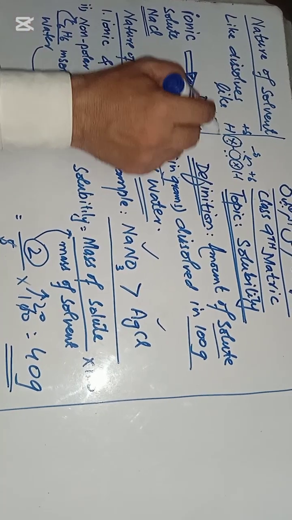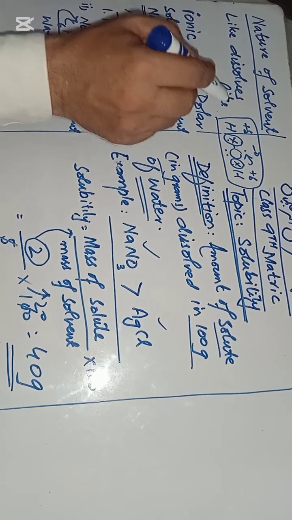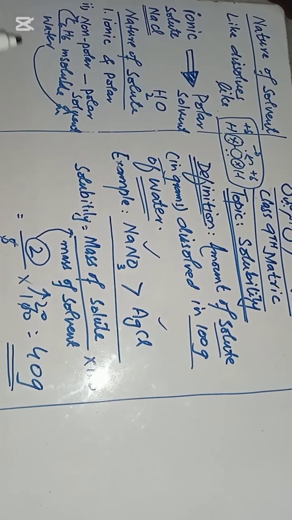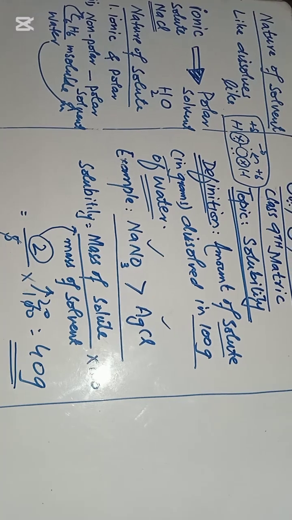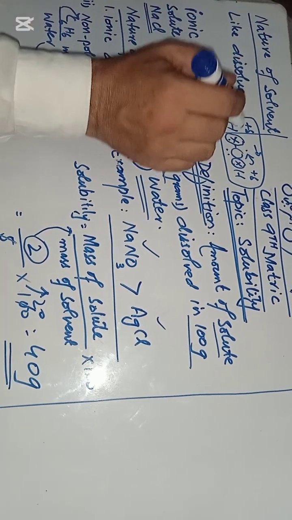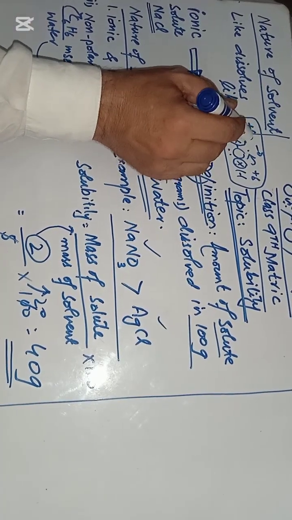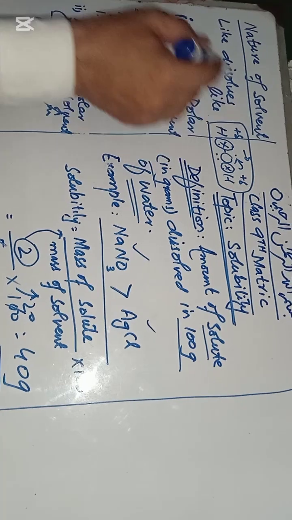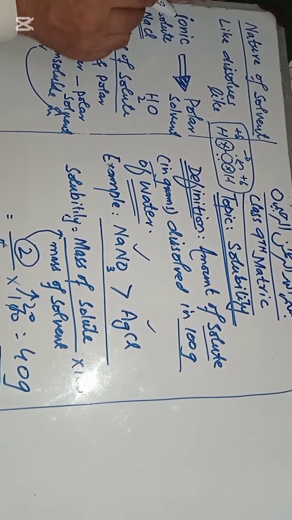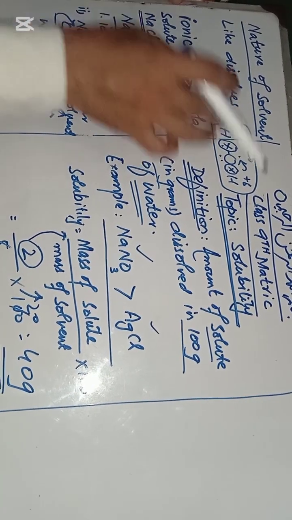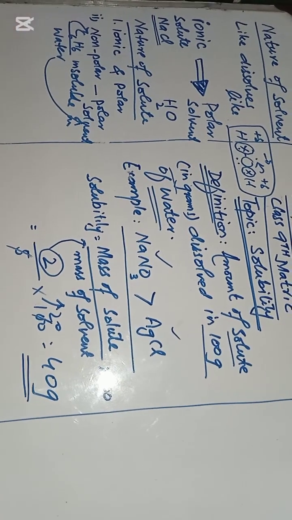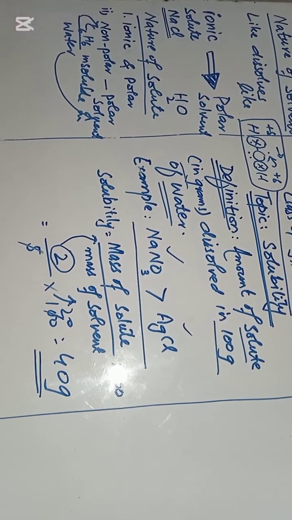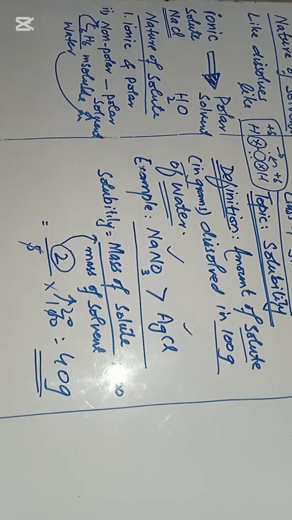So this has produced poles, negative and positive partial charges on them. Because of this character, which is nearer in definition to an ionic compound, they will dissolve each other.